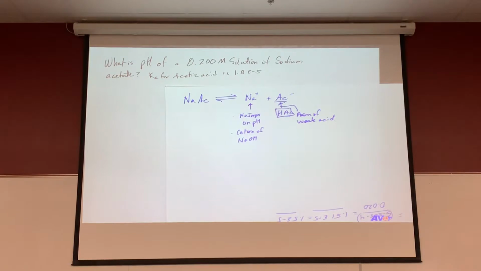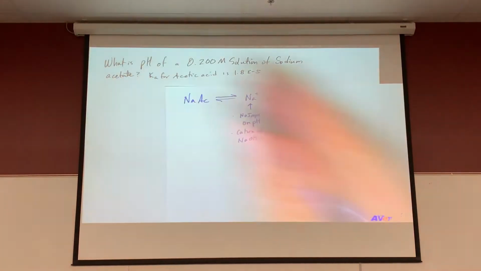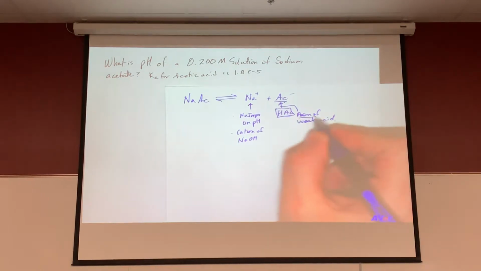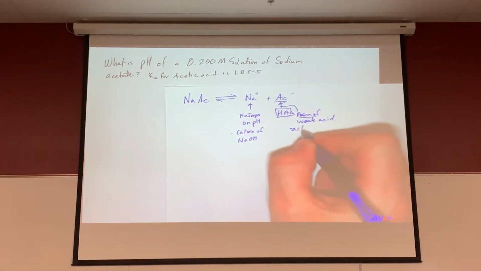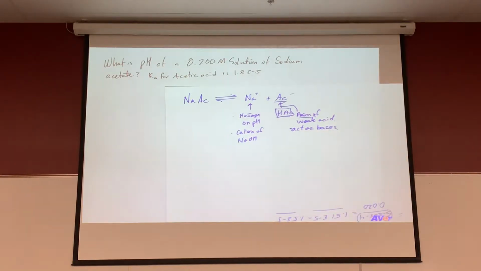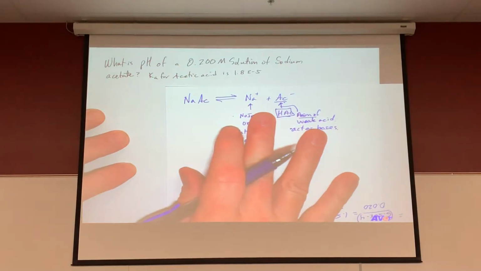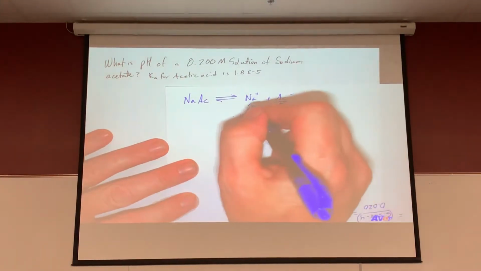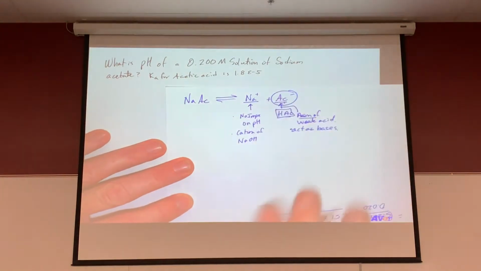You'll need to remember that it's the anion of a weak acid. This is an important concept, at least for this particular problem, that the anions of weak acids act as bases. So, in this case, you ignore the sodium, you focus on the acetate ion.